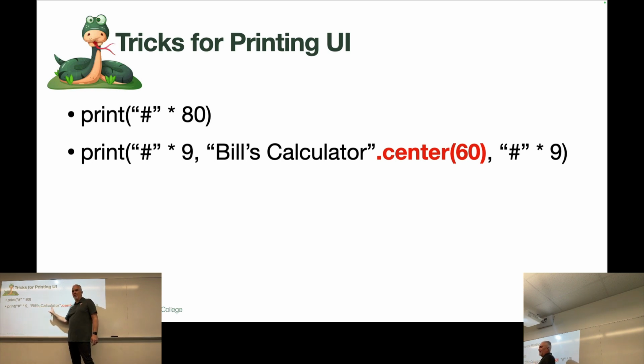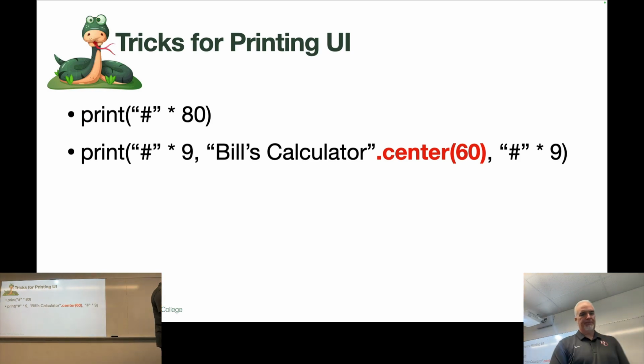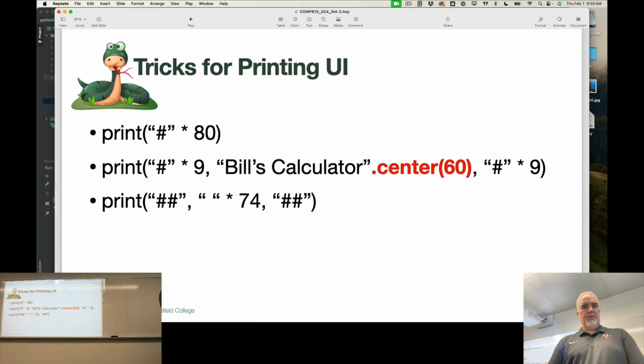I would count how many characters are in this string. And then I would subtract that from 60, divide by 2, and put that number of spaces on each side. This saves me all that work because it'll put this right in the middle, which is centered on the line.